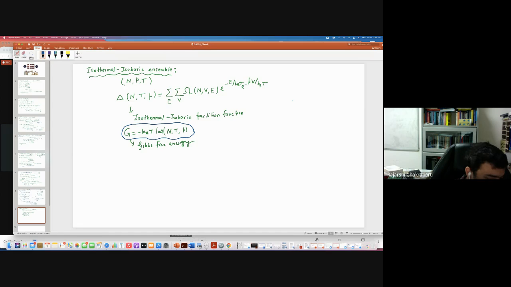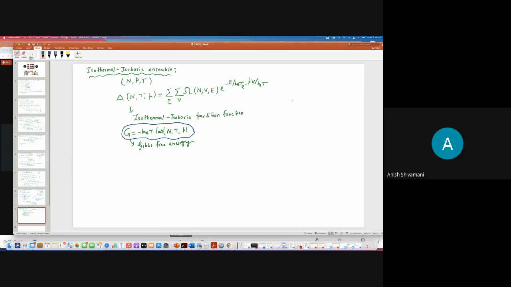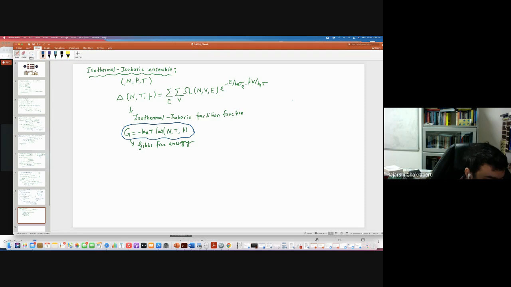That is the question. Sorry, the microcanonical partition function. I should be able to, isn't it? In terms of which? The microcanonical partition function. Can I do this? So check this, how you get this. Just check this and we'll see.